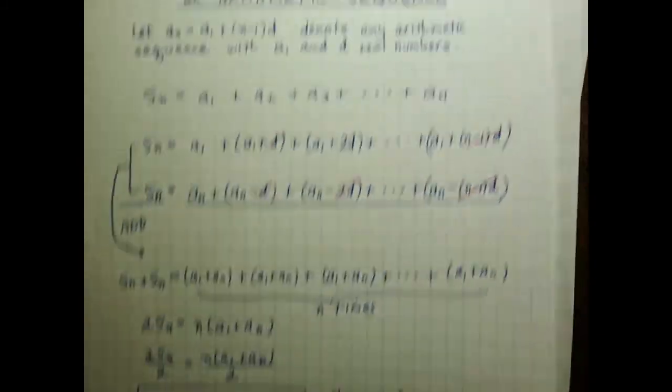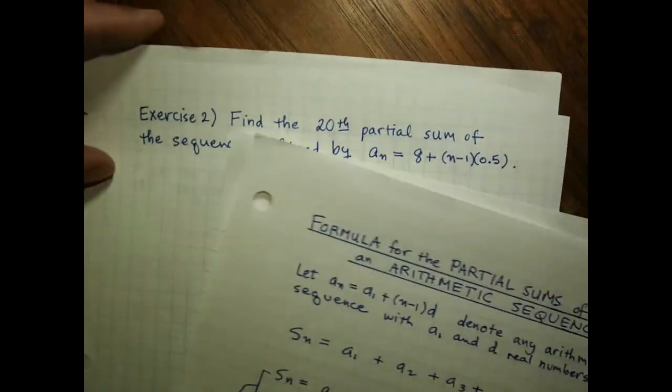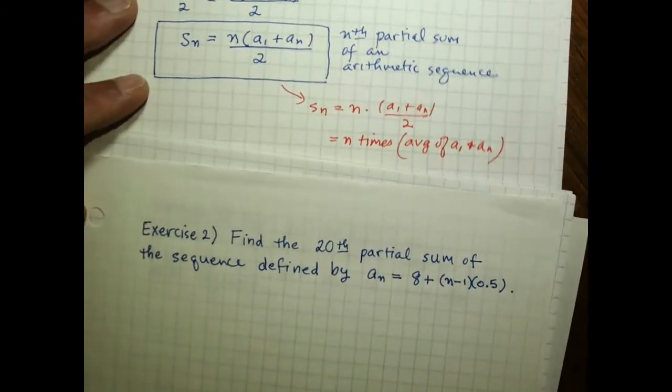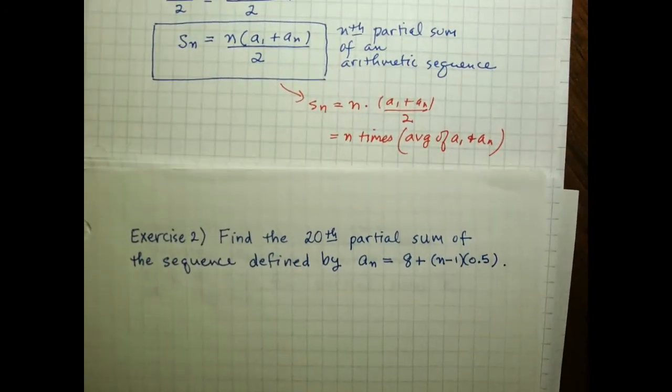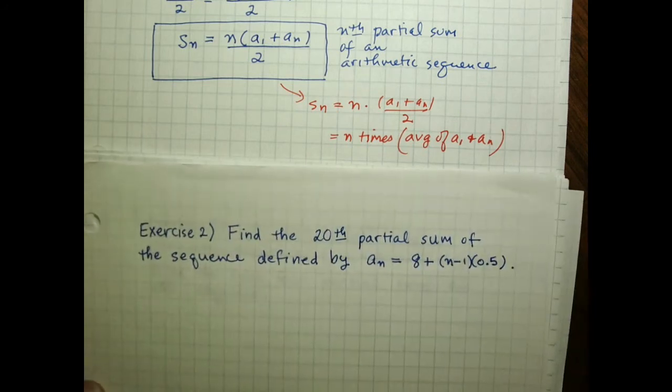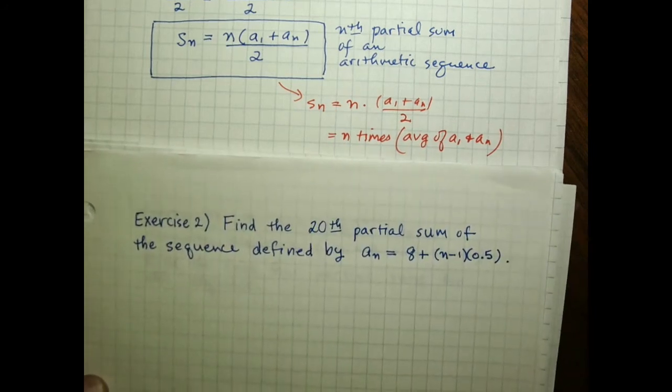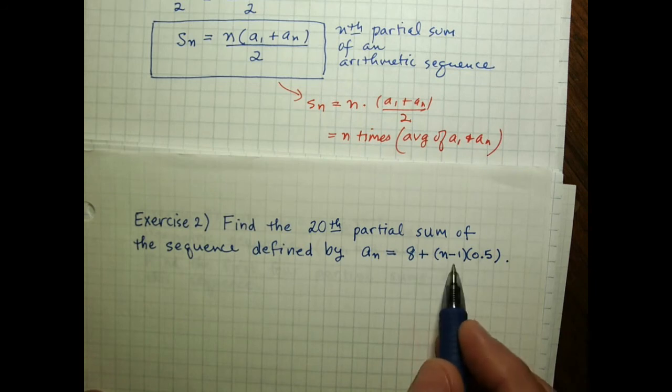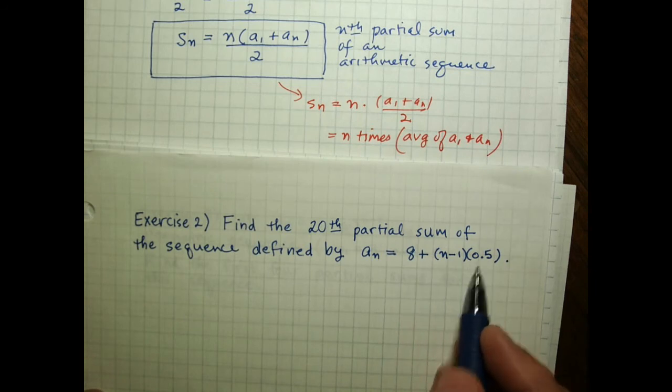So let's go just a little bit further. One exercise here. Maybe I can keep my formula right above the page here. Let's actually do exercise 2. Let's find the 20th partial sum of the sequence defined by an equals 8 plus (n minus 1) times 0.5.